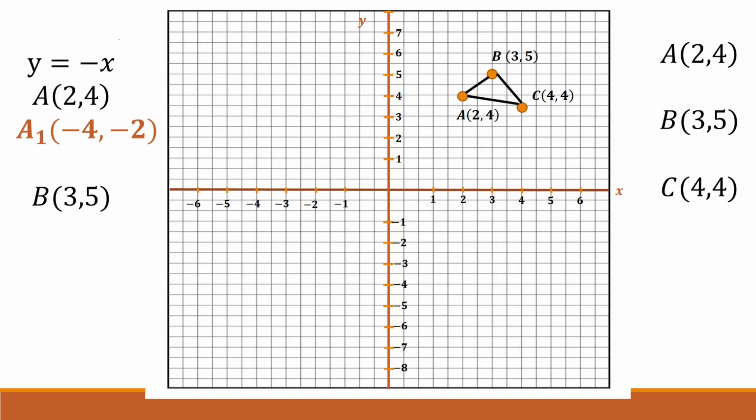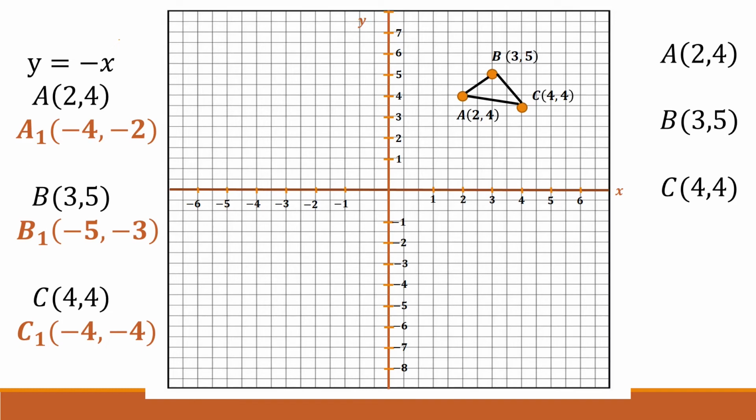Reflecting in the line y equals negative x, I reverse and negate them, and I get B1, which is negative 5, negative 3. Then the last point, C, 4, 4, since they are the same number, when I reverse them it is still the same thing. Then I negate, and that gives me negative 4, negative 4, which is the last image point, C1.